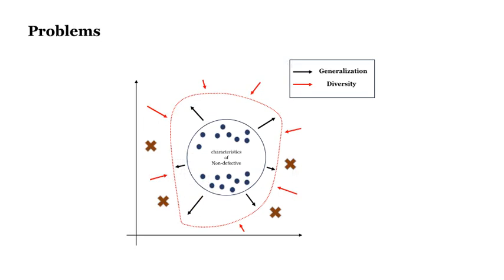If the generalization of non-defective data is overly strong, even defective instances may be misclassified as non-defective. Conversely, if non-defective diversity is too strong, it might be wrongly flagged as defective. An appropriate balance between the generalizing and diversifying of non-defective characteristics is essential.